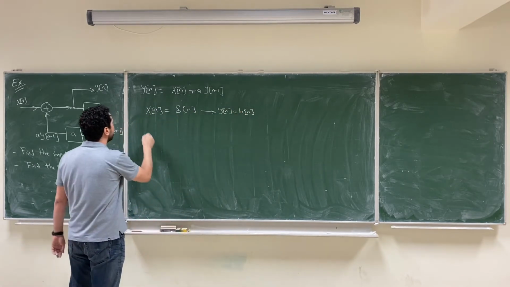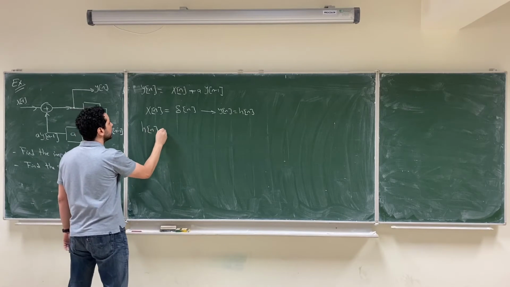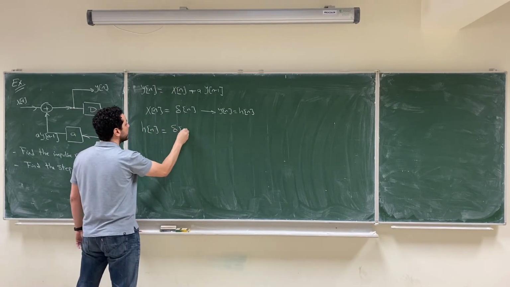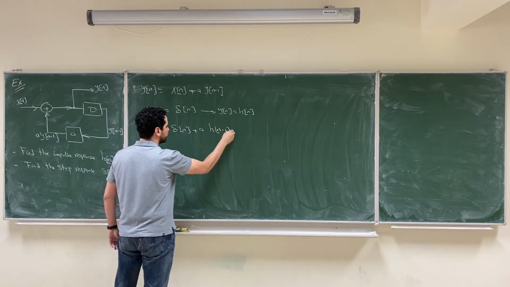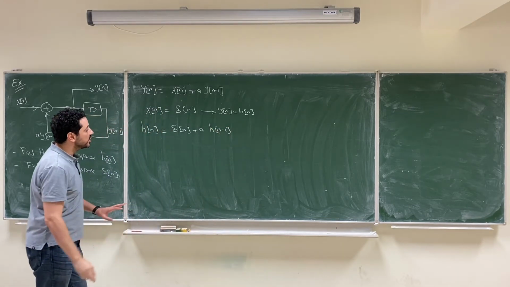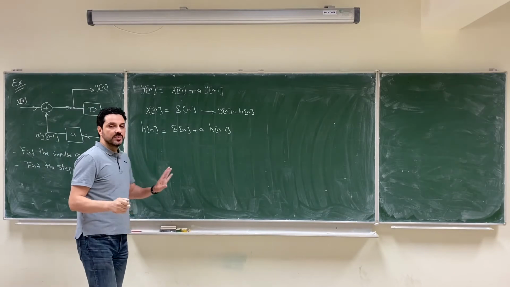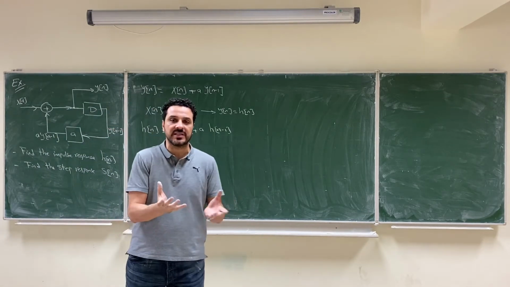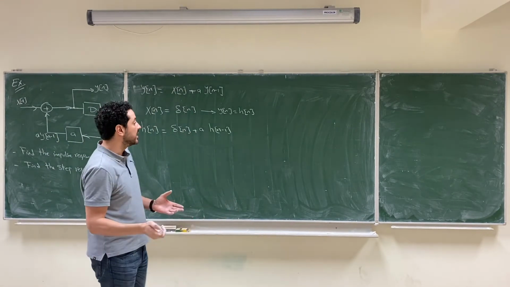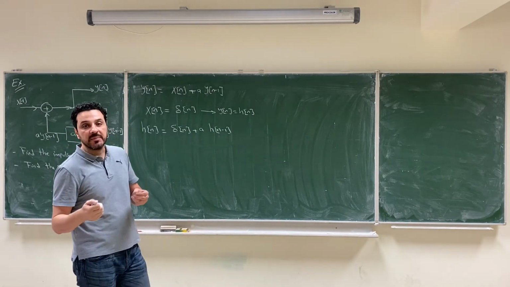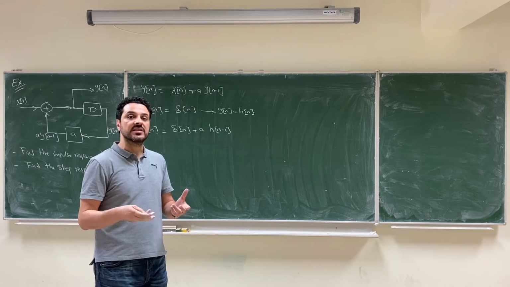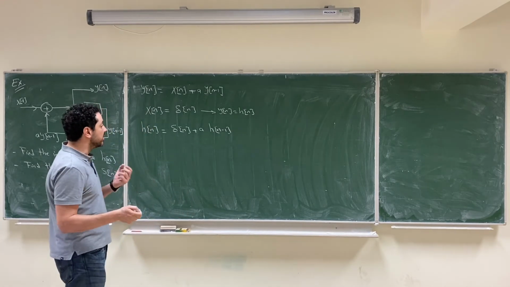So we can say now that the impulse response h of n equals delta n plus a h of n minus 1. This is not a nice equation because we cannot find a closed form expression for the impulse response. However, by tracking this equation, by observing what's happening with it, we'll be able to get an expression for h of n.